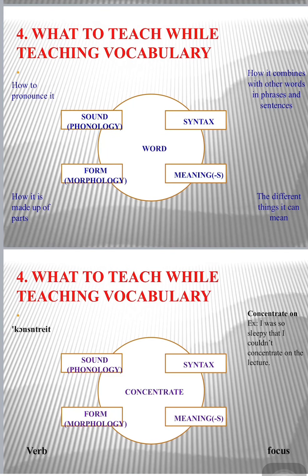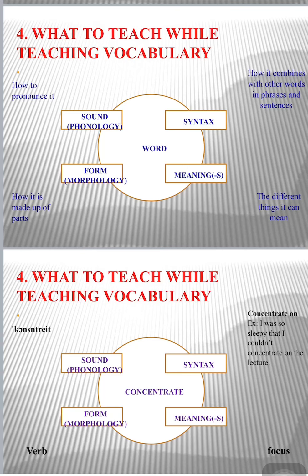We have to move to part 4 to know what to teach, why teaching vocabulary. For example, you can see a word web. The center part is the word, and we should understand the sounds, phonology, and also the form, morphology, and of course the meaning and syntax.